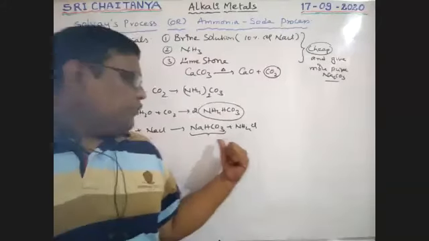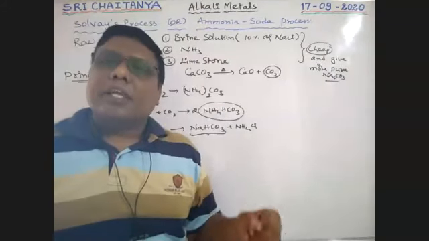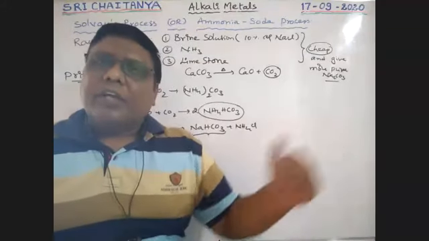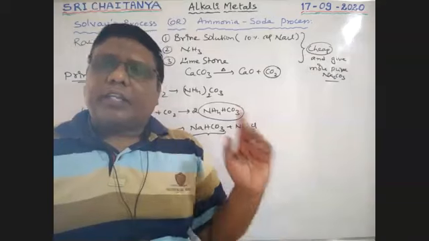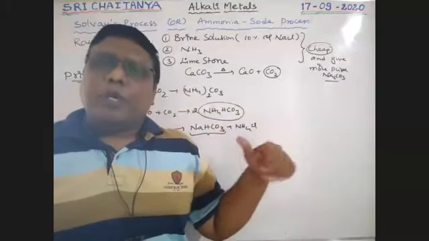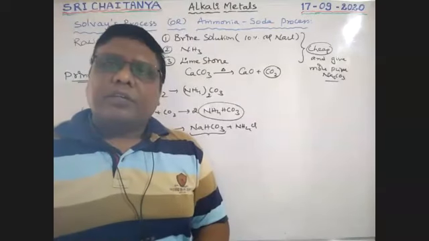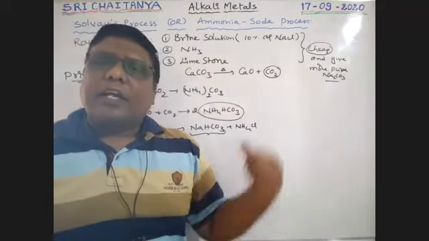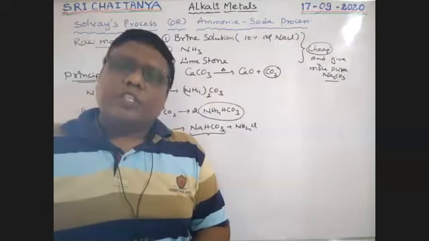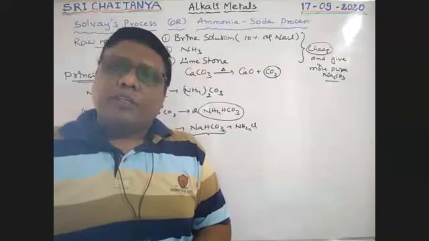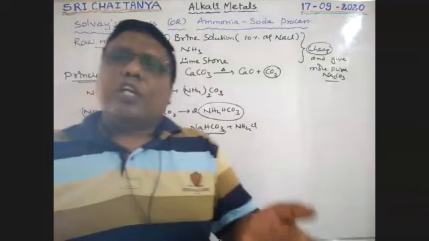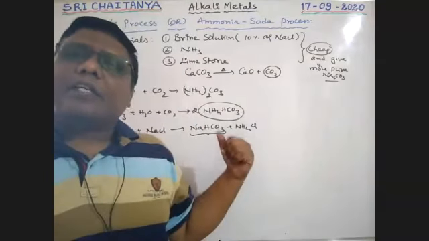But this formed sodium bicarbonate is sparingly soluble in water. Why, sir? Because of its polymeric structure. I already explained the polymeric structure of sodium bicarbonate at the time of bicarbonates and carbonates. But potassium bicarbonate, KHCO3, is in dimer state, so that is completely soluble in water, while sodium bicarbonate is sparingly soluble.